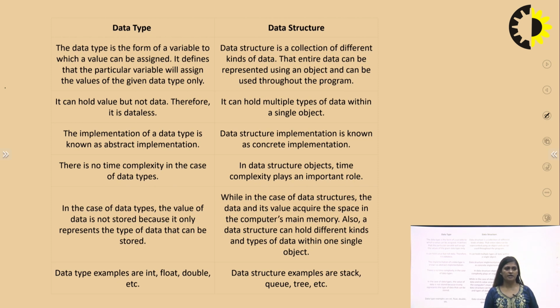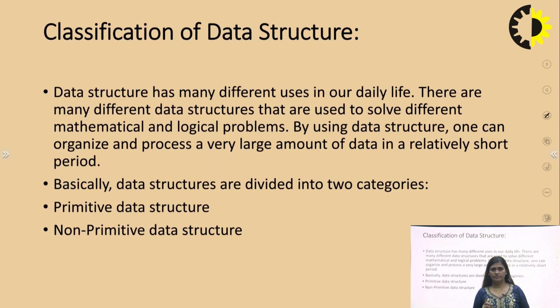Next, data type examples are integer, float, character, which are already defined in the computer or header files. Data structure examples are stack, queue, and tree, where we perform different operations using different algorithms. Here we discuss the classification of data structure.